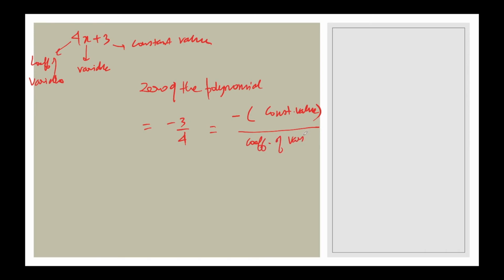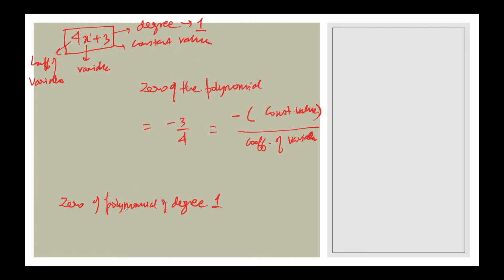Now this is a kind of formula, if you want to call it that, for the 0 of a polynomial of degree 1. We need to remember that this polynomial has a degree of 1, because the maximum power of x, a variable, is 1 over here.